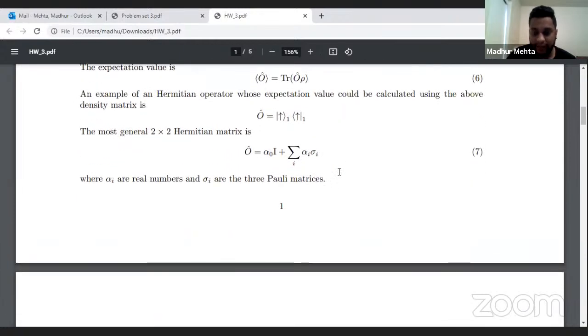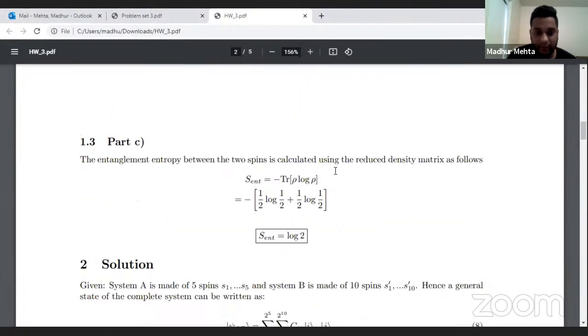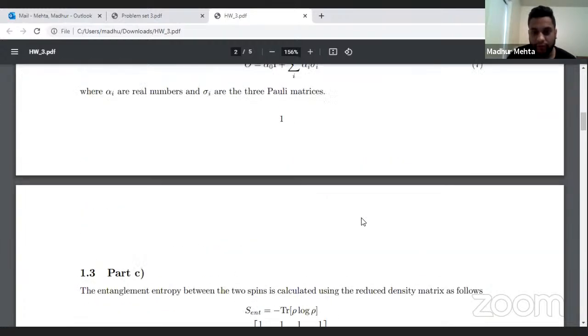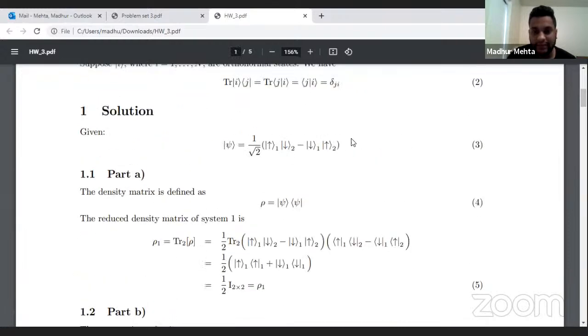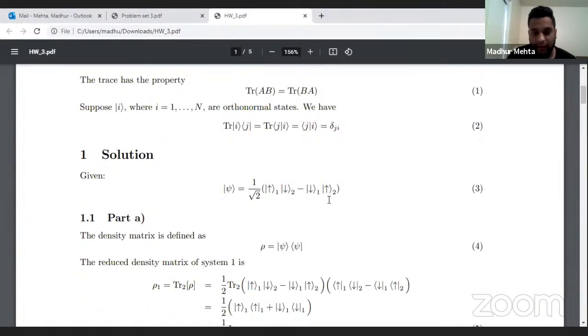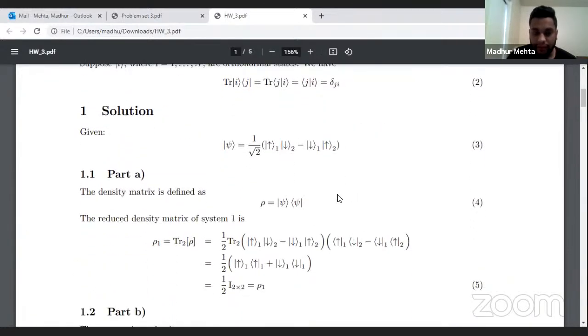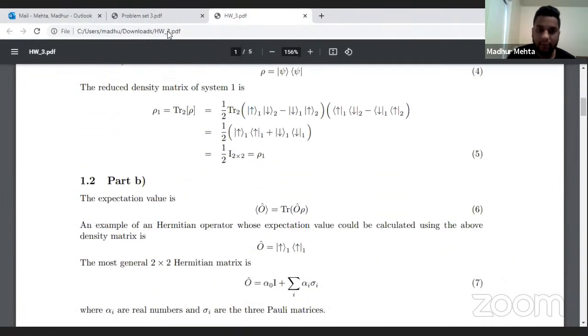Now to calculate the entanglement entropy, that's the third part of the problem, we take minus trace of rho log rho, and it gives us the entanglement entropy of log 2. That shows that this state was maximally entangled. Any questions for the first problem?